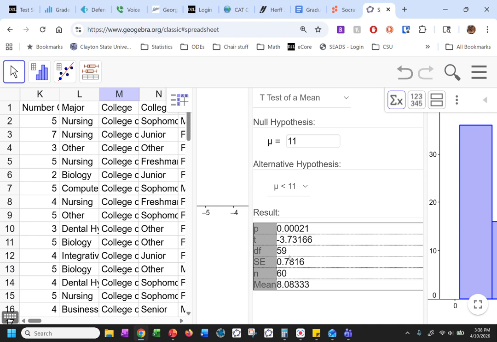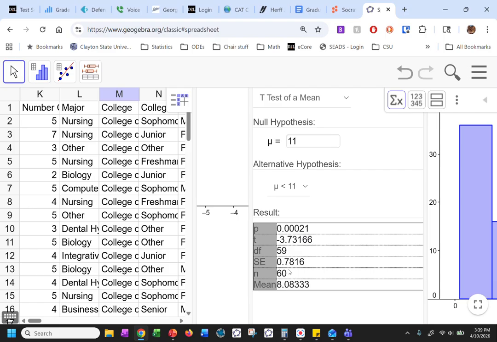It's giving us our DF of 59, our standard error, S over root n. You know, we calculated that, but not really. That was part of our denominator, right? And it's giving you the mean and the sample size. So it gives you all the pieces that you need. But when you have the data, this is a much easier option, right?